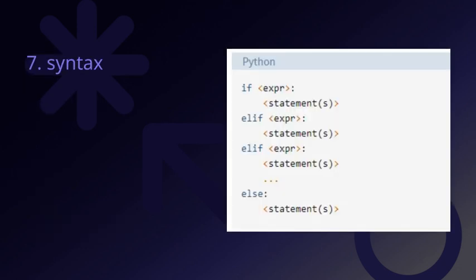Let's talk about syntax. Syntax is essentially the set of rules that define how we structure our code or language. It's the grammar of programming languages, ensuring that everything is written in a way that the computer can understand. When we think about syntax, we're focusing on the correct arrangement of symbols, keywords, and expressions.